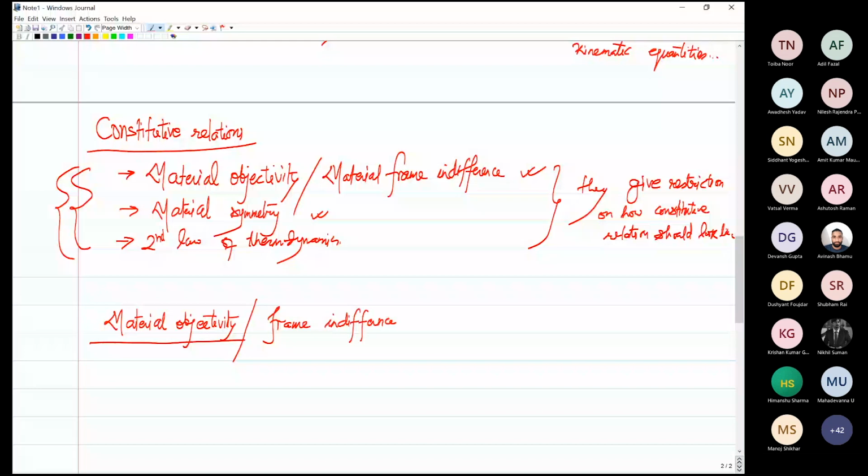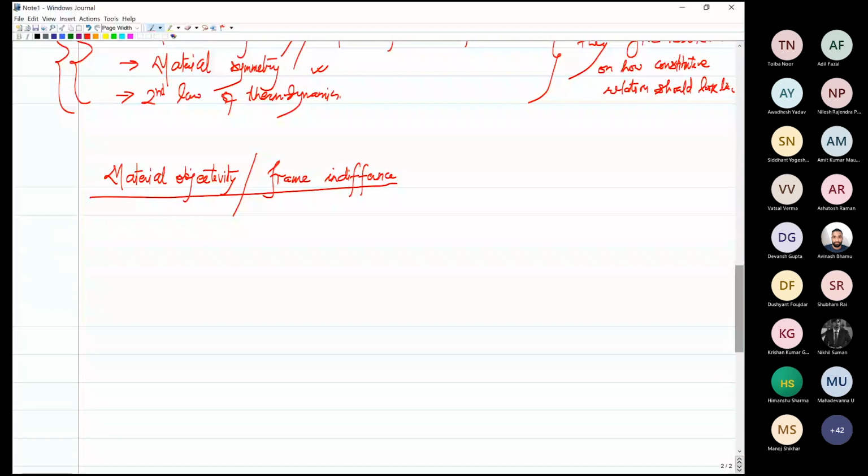So before that, I'd like to tell you that the deformation map, for example, this y hat of x comma t, or the velocity or acceleration corresponding to any deformation, aren't they all dependent on the observer?